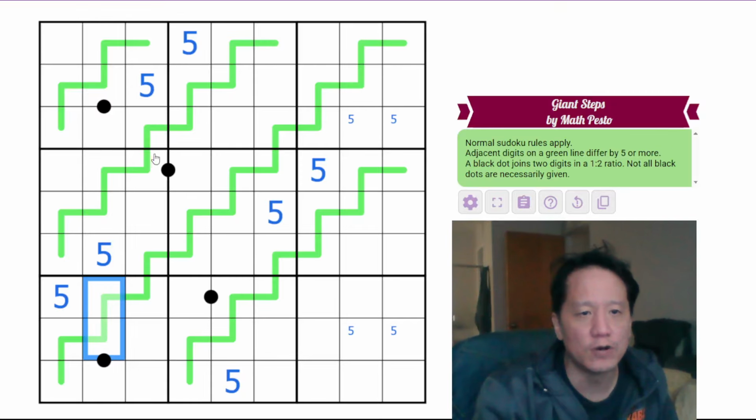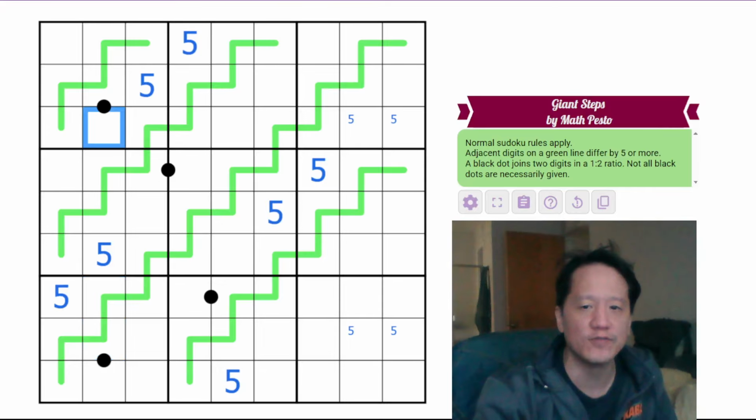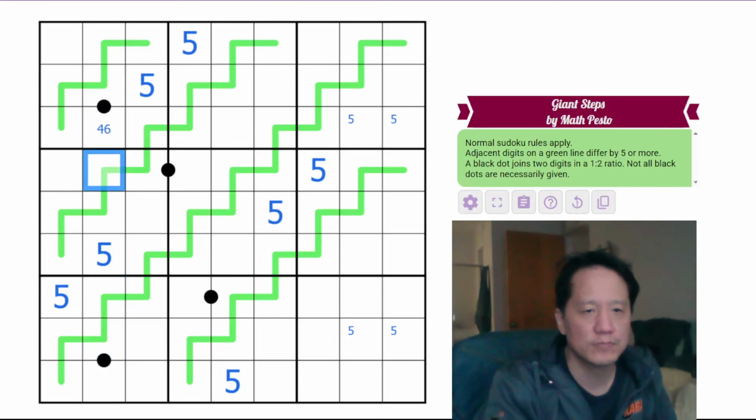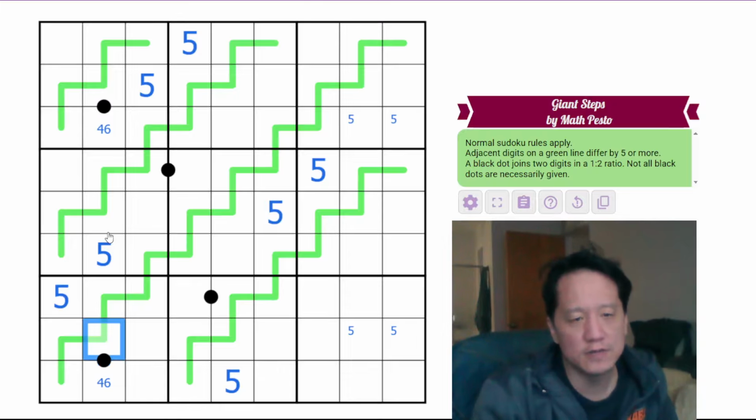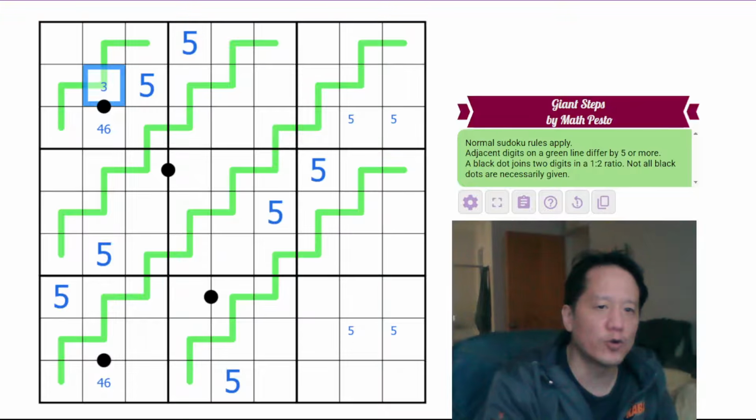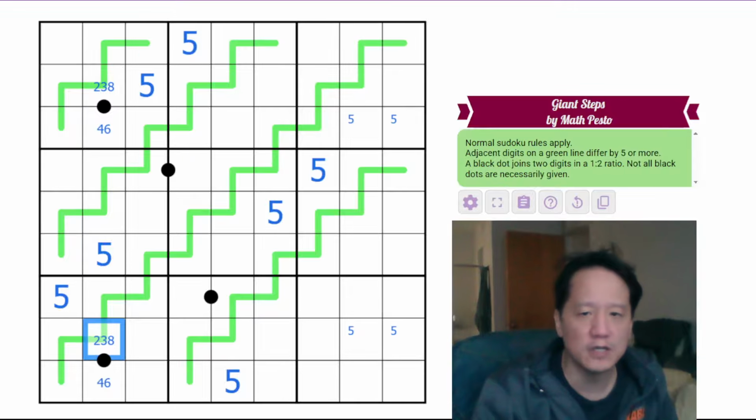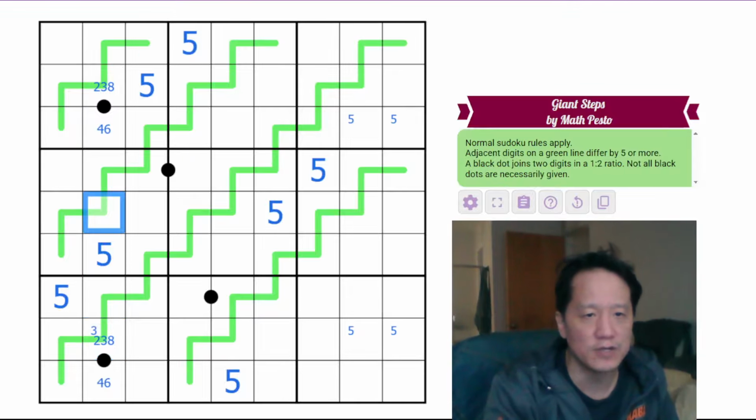So therefore, where can the 4 and 6 be? They have to be here. So this is 4 and 6. 6 has to be in a 1 to 2 ratio with only 3. But 4 can be in a 1 to 2 ratio with 2 or 8. So we're guaranteed one of these has to be 3.